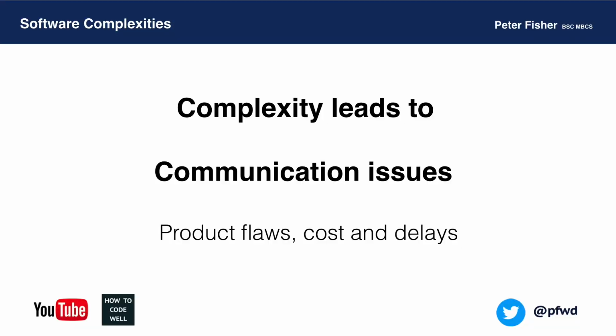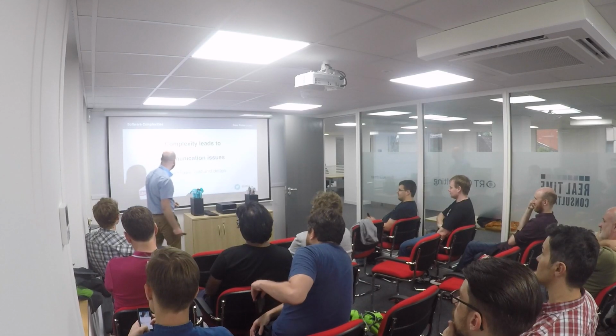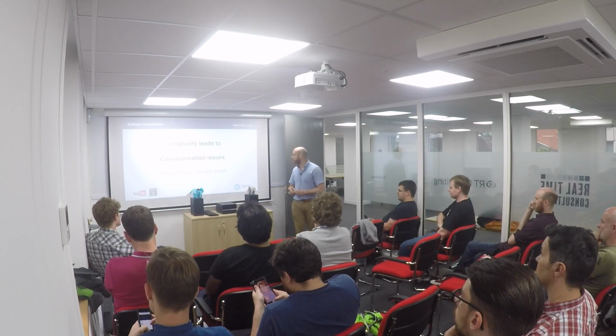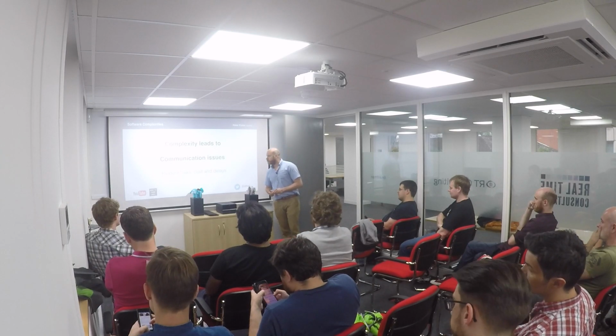So complexity leads to communication issues. This means that when, for example, a techie is talking to a non-techie, you're trying to decipher what this non-techie is trying to talk about. Assumptions get made. It's also vice versa.